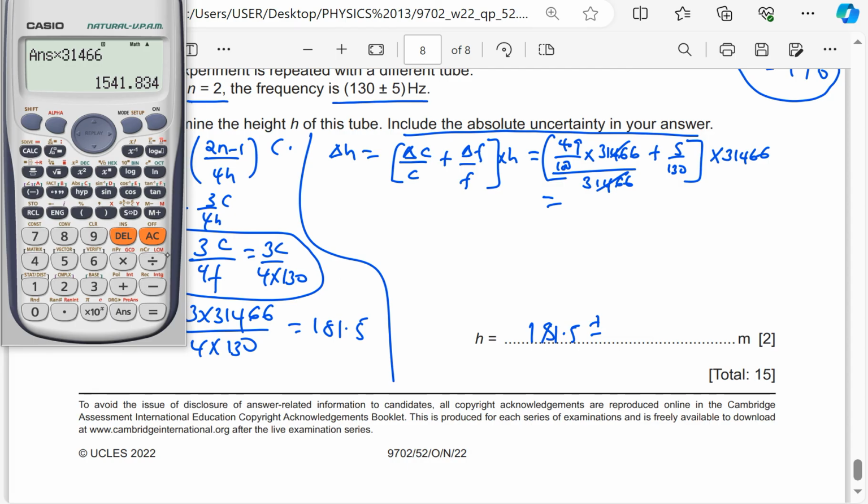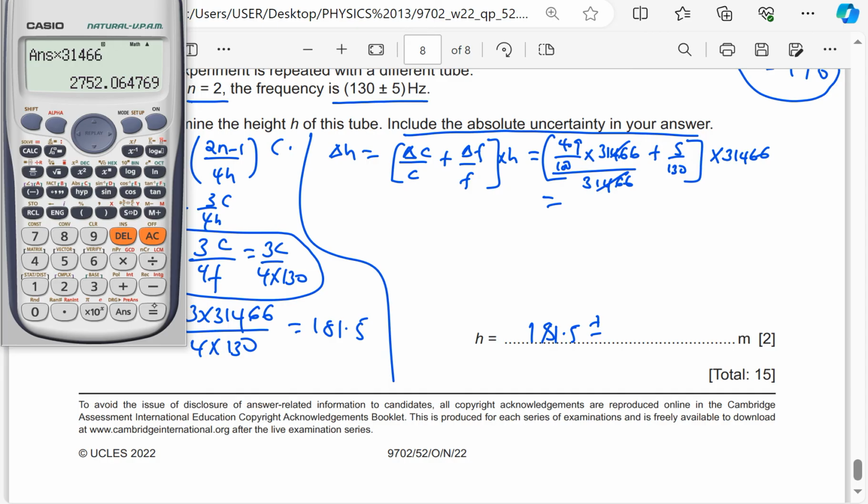So 151 point that divided by 31466 plus 5 divided by 130, then times 31466. This is too big. Oh, the other one was in centimeters.